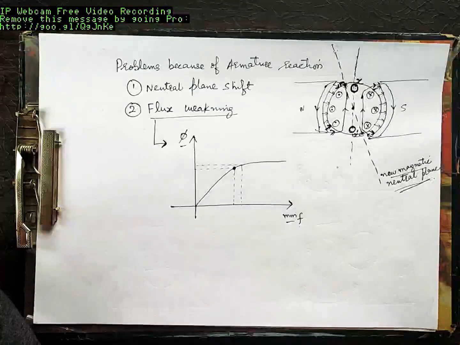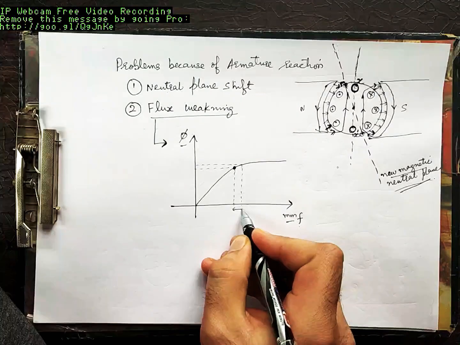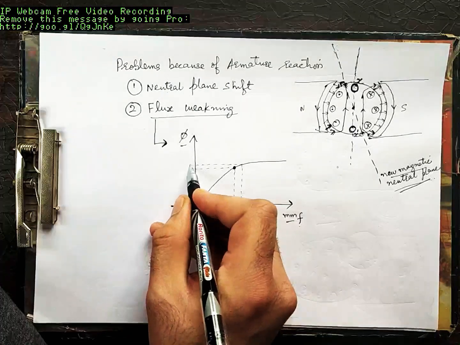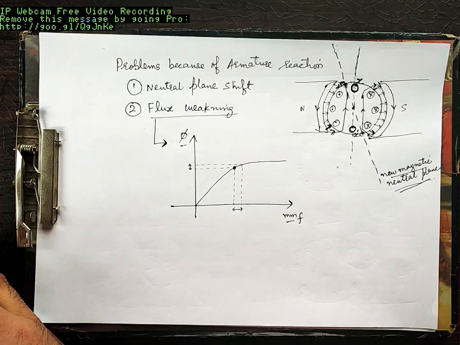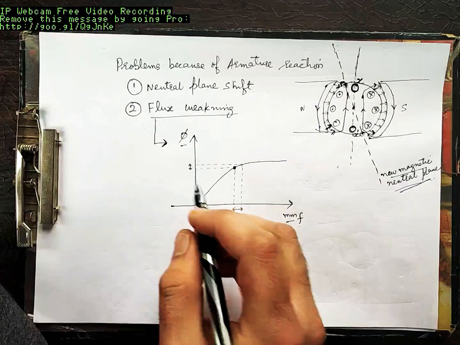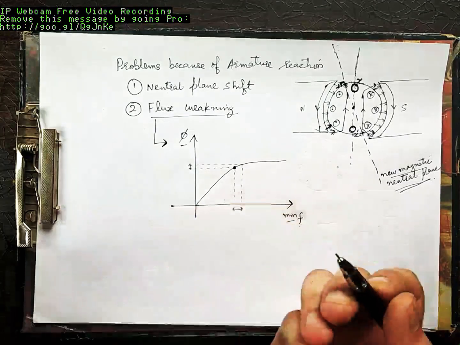It is non-linear. Percentage increase in MMF has to be more than the percentage increase in flux that you get. What I mean to say is, if you increase MMF by 10%, will flux increase by 10%? No, it will increase by less than 10%.